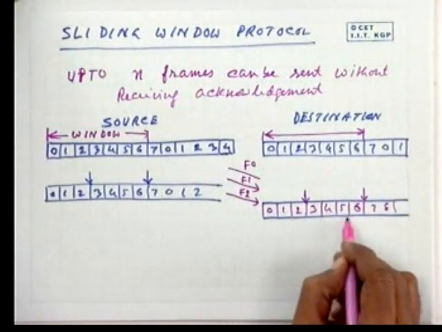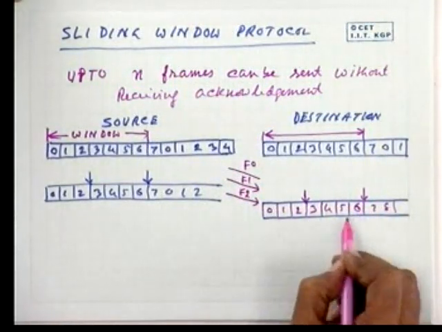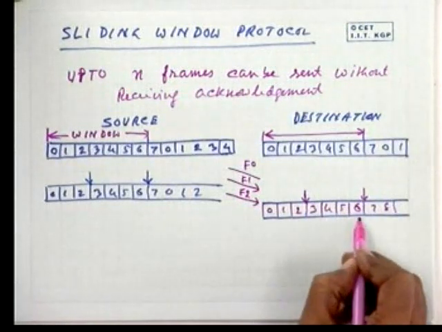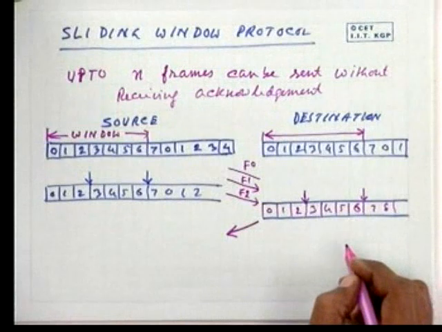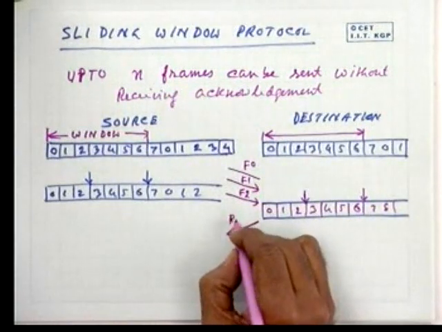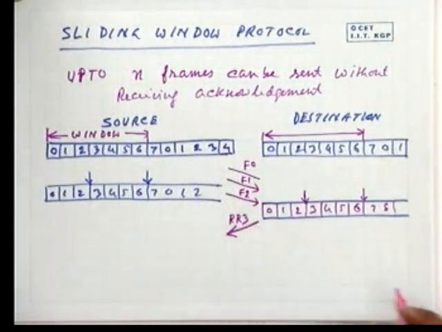Now the receiver, after receiving the frames, will send acknowledgement. Suppose it sends acknowledgement in the form of RR3.